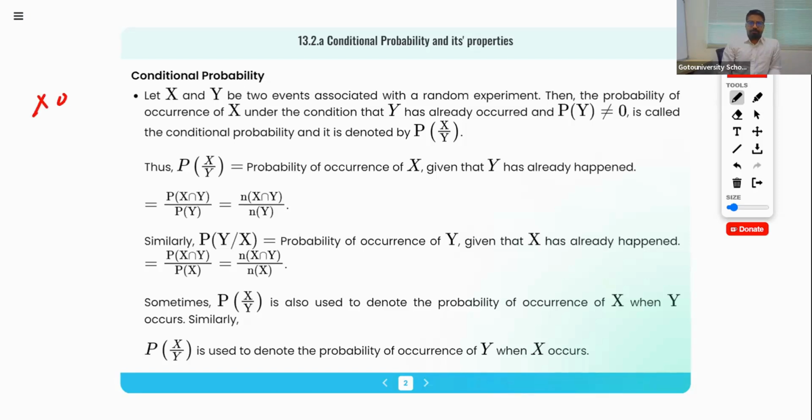If X and Y are two events associated with any random experiment, then what they're telling here is the probability of occurrence of X provided Y has already occurred. So do you understand?